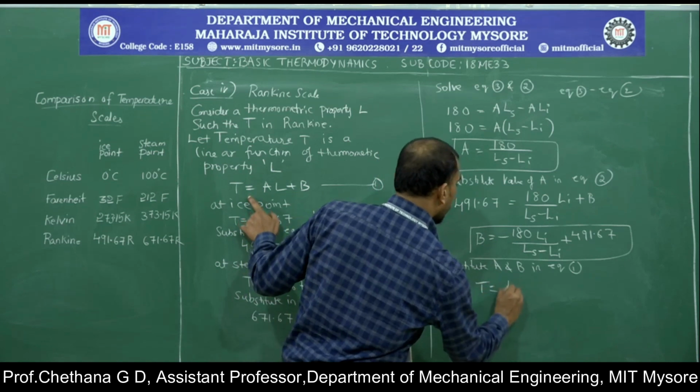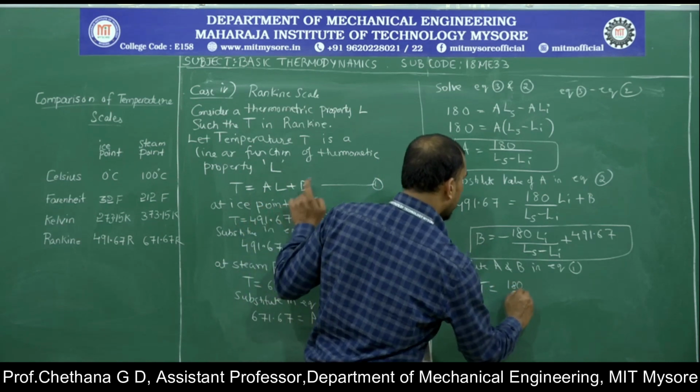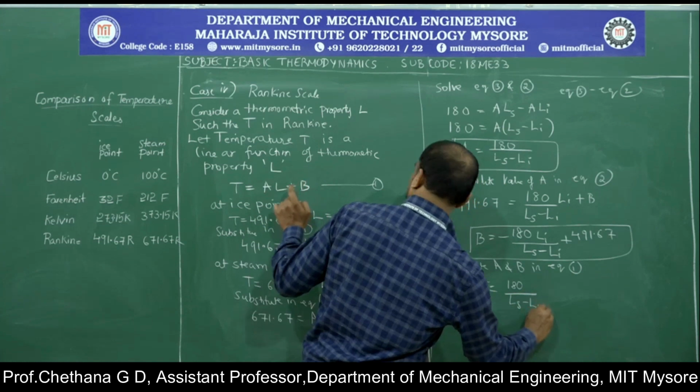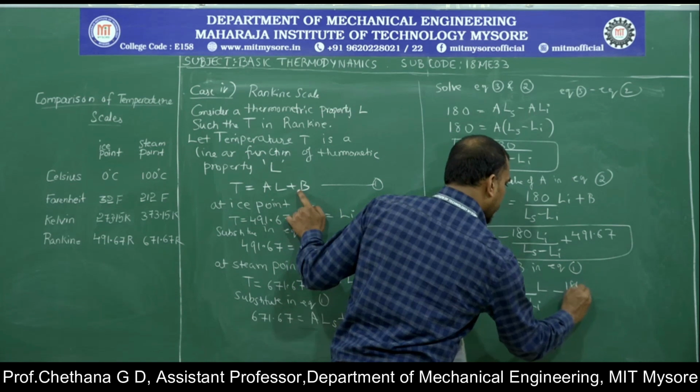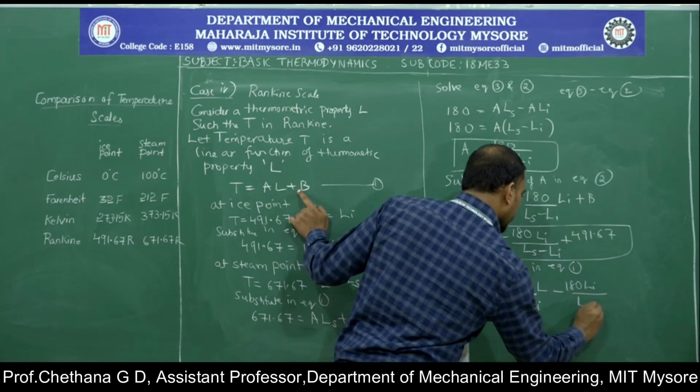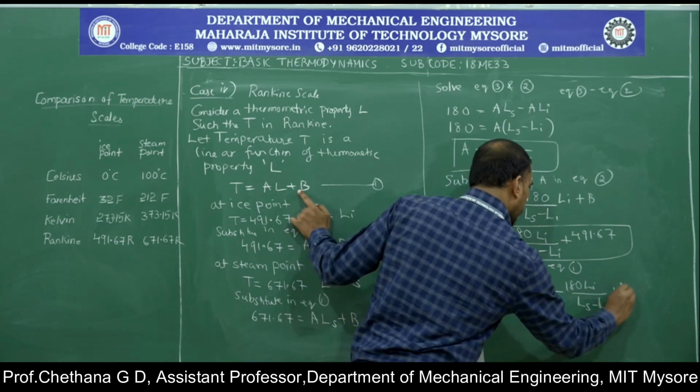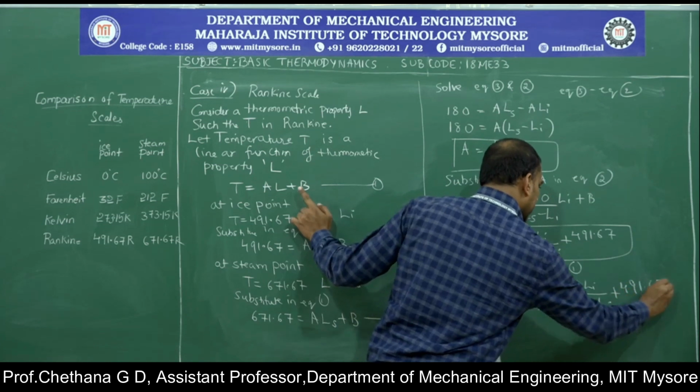T is equal to 180 over Ls minus Li, times L, minus 180 Li over Ls minus Li, plus 491.67.